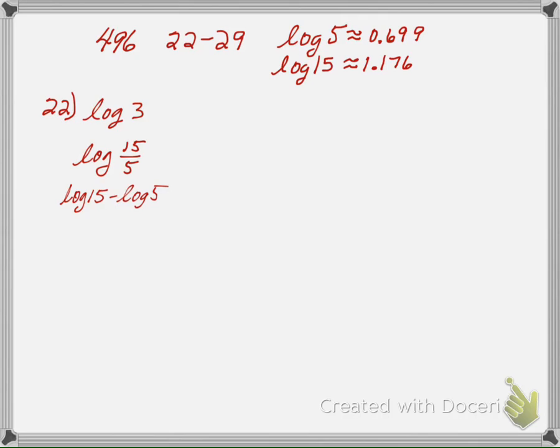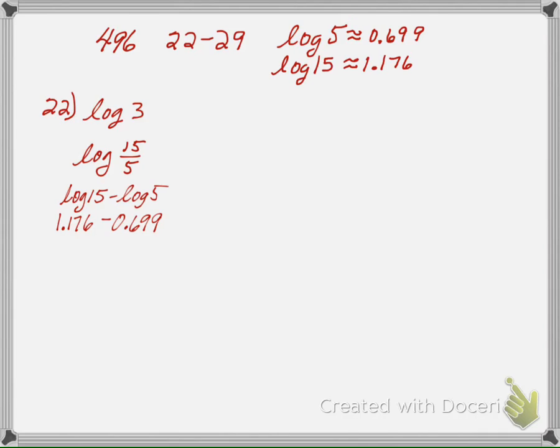Okay. So now we just substitute in those numbers. Log 15 is 1.176. And log 5 is 0.699. And this is when you take out your calculator and subtract.